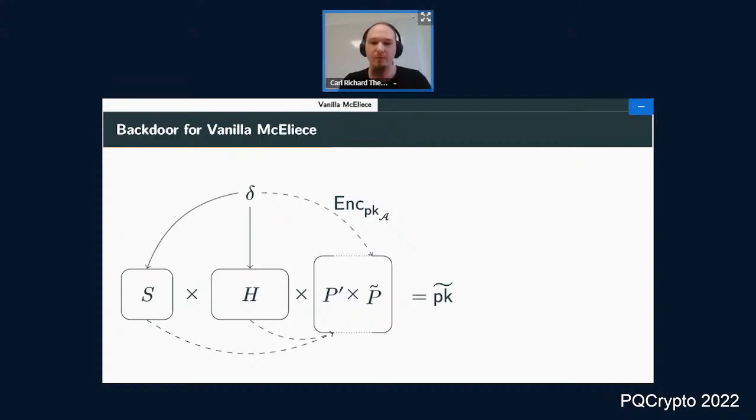As before, we have our matrices S and H. For the permutation, we then use the combination of those two permutations that we chose, which is, again, a permutation. So we now have a backdoor public key, and the adversary gets access to it because, well, it's the public key and it can be distributed as you wish.